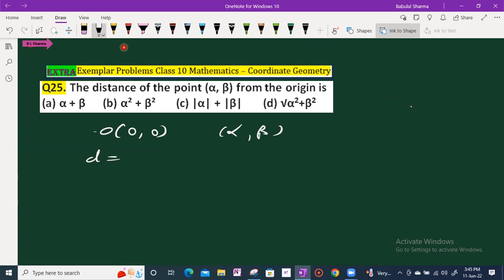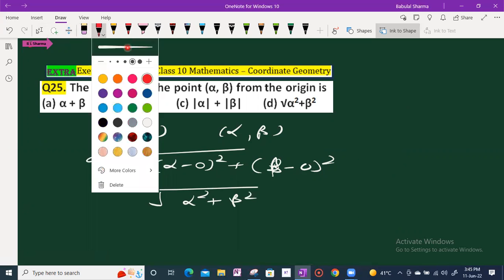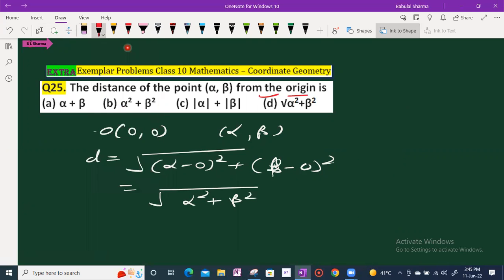Using the distance formula, you can write square root of alpha minus 0 whole square plus beta minus 0 whole square, that is alpha square plus beta square. So you can write the answer here. D is the correct answer. D is the correct option. You can write the answer directly.